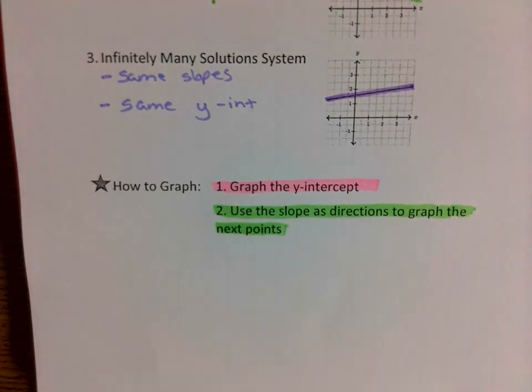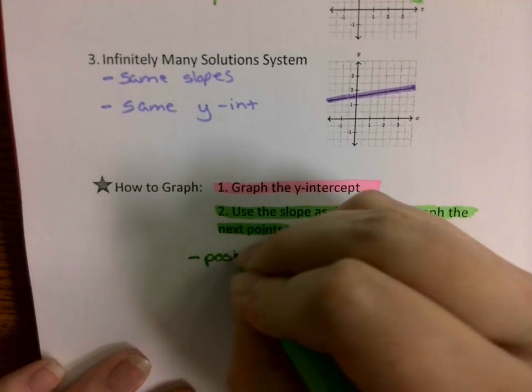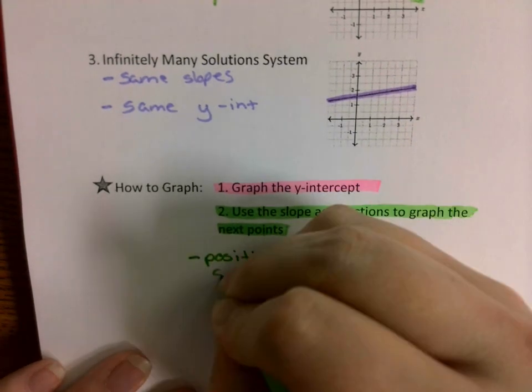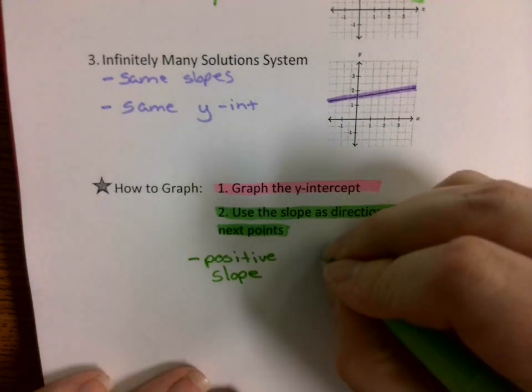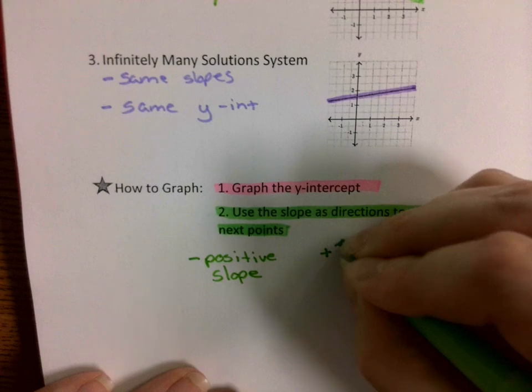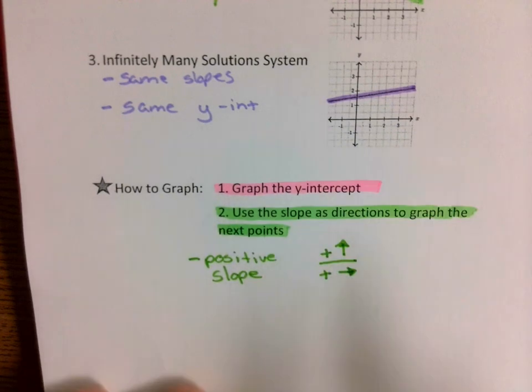Meaning that if you have a positive slope, that means that you are going to go up and you're going to go to the right.